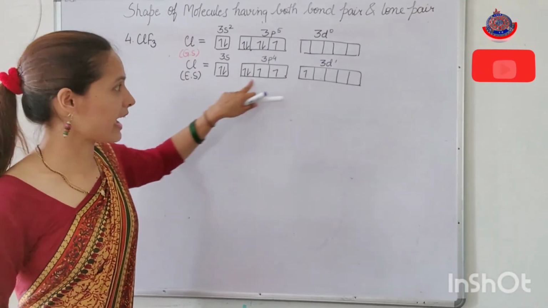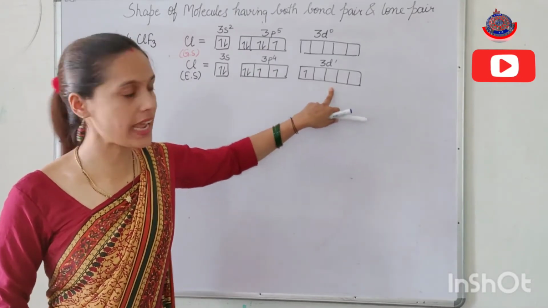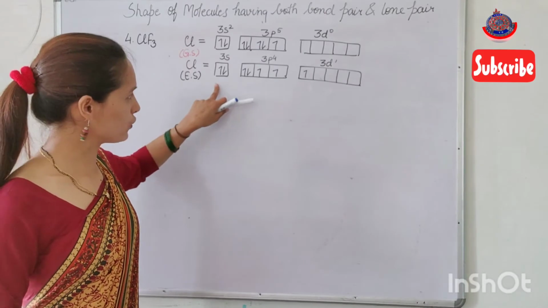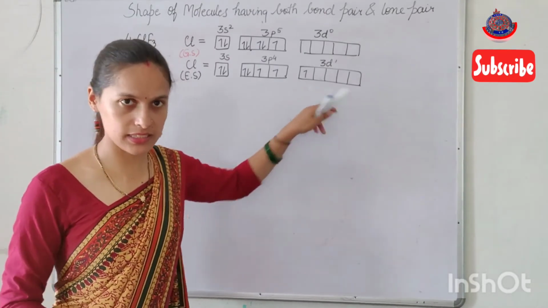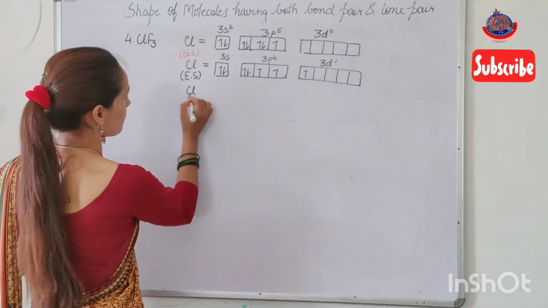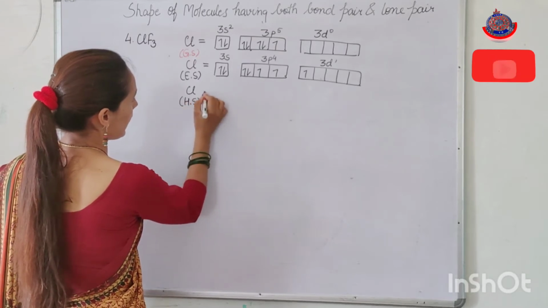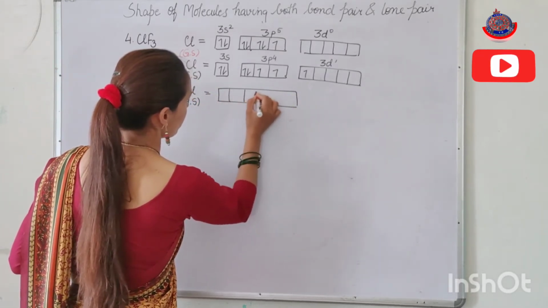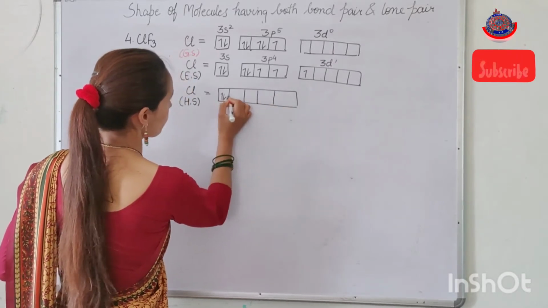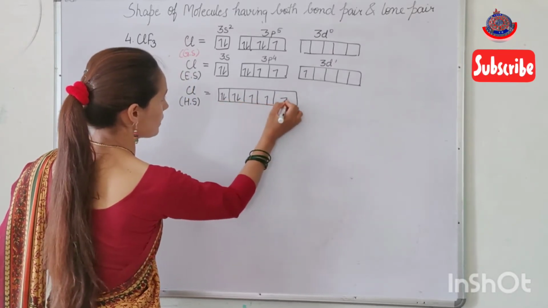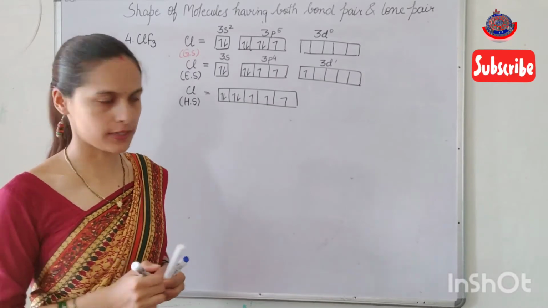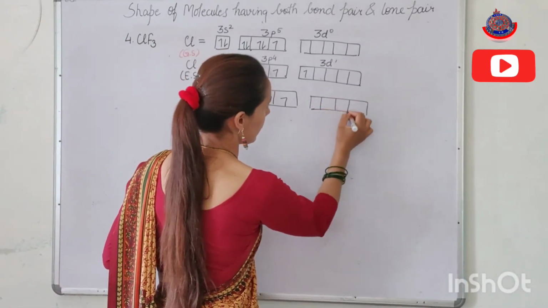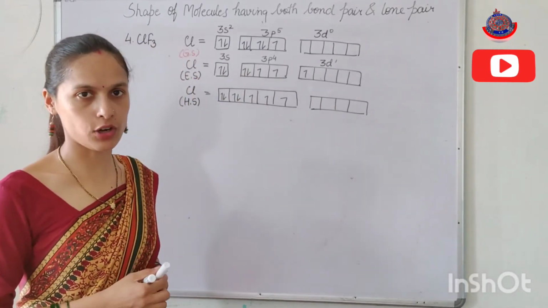Now without s I can't take these half-filled orbitals, and without this p I can't take these 2 p. So I have to take these 2 along with these 3. So in the hybrid state I have 5 hybrid orbitals, and out of these 5 hybrid orbitals, 2 are fully filled, and here the unhybridized d orbitals.